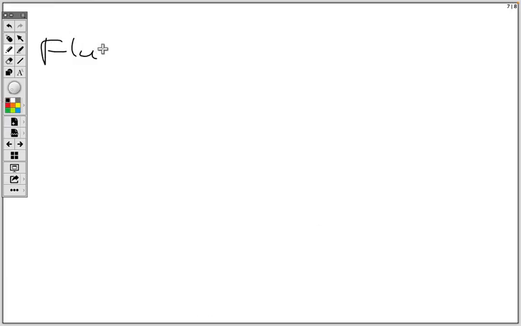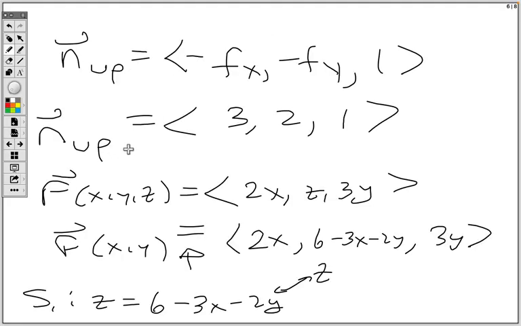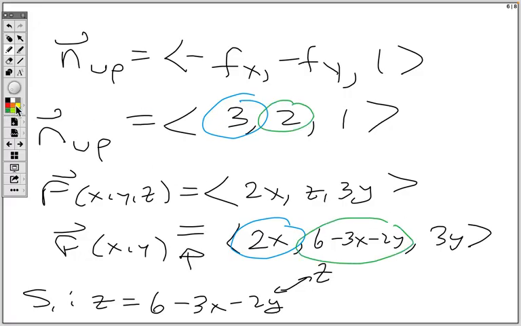So the flux I want would be a double integral over R of F dot n up dA. So now we calculate that dot product. And we go back to the end of the first week of class. Take that dot product, multiply the x components, multiply the y components, multiply the z components, and once we're done multiplying them all, what do we do?